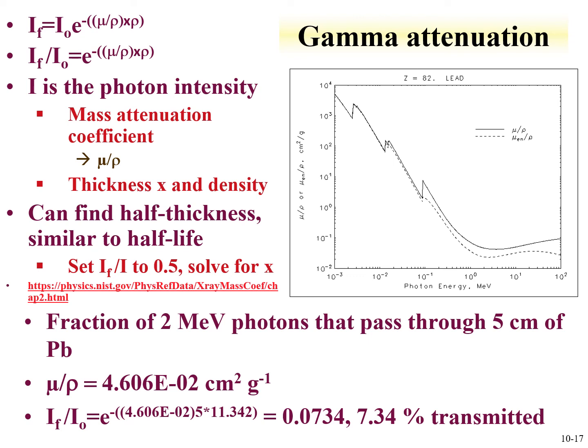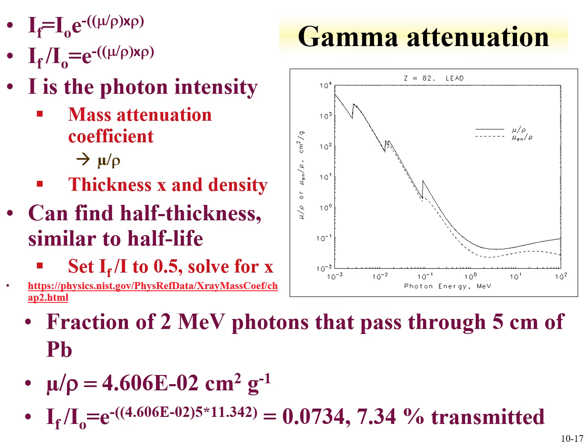For a given energy, if you're given the mass attenuation coefficient, you should be able to set the final intensity to 1/2 of the initial and solve for the thickness responsible for cutting down the photon intensity by 1/2. One could use this as a rule of thumb.